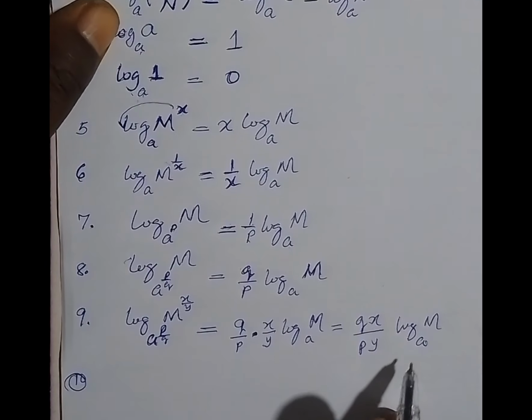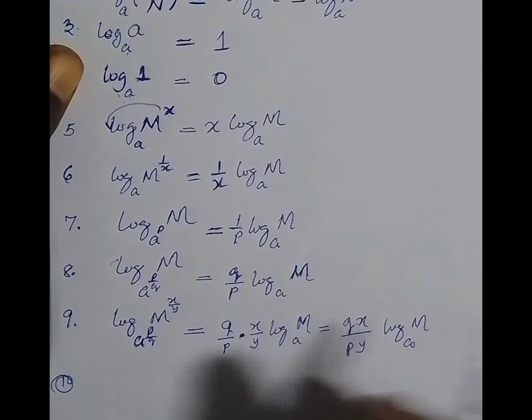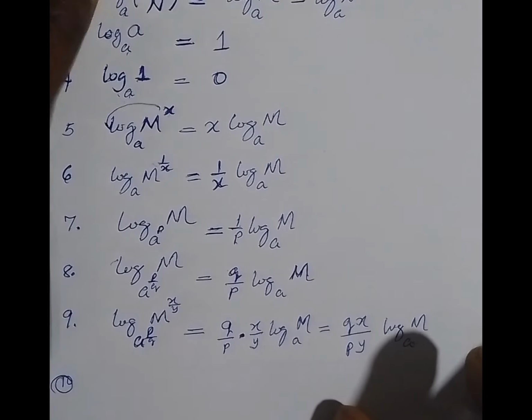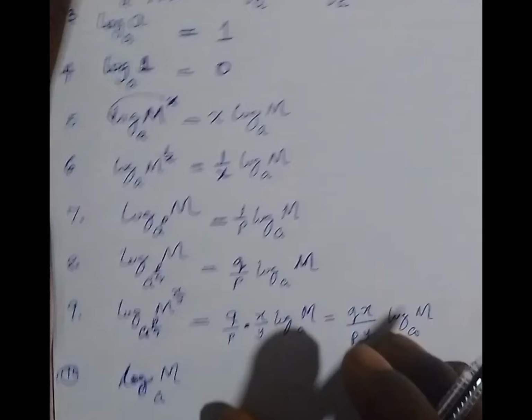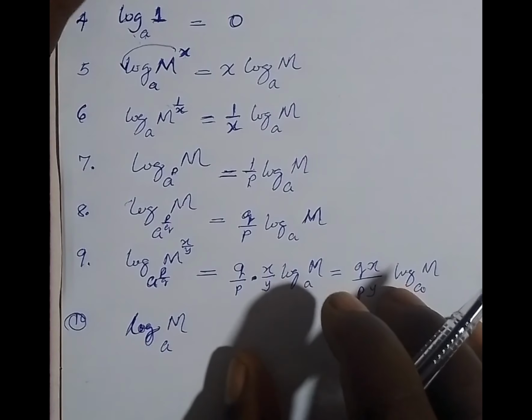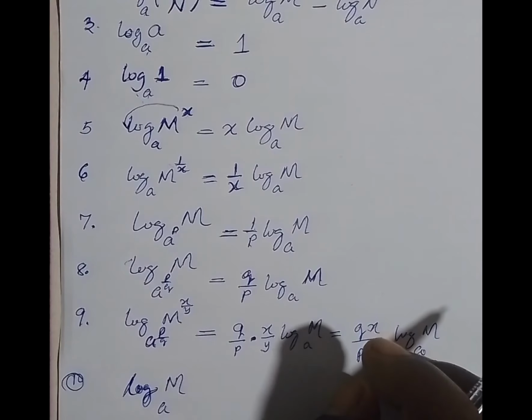Then we move on to the last law, which is law 10. Here we are going to be talking about the change of base. Now, let's say you have a logarithm, log m to base a. Now, suppose we decide to change the base from a, maybe to say b.